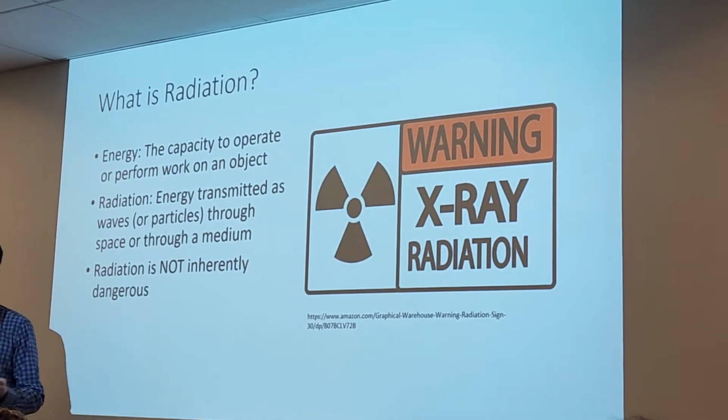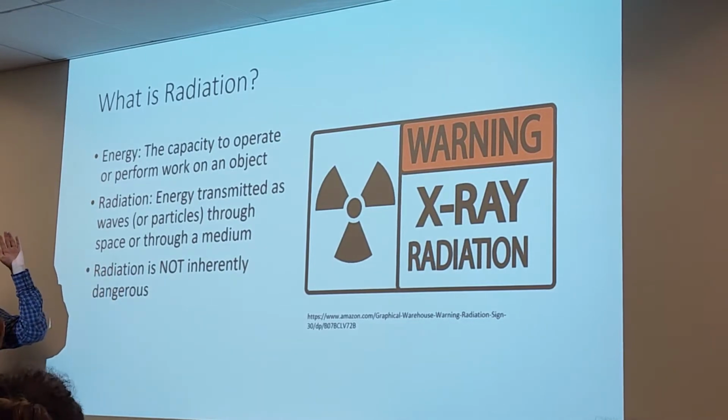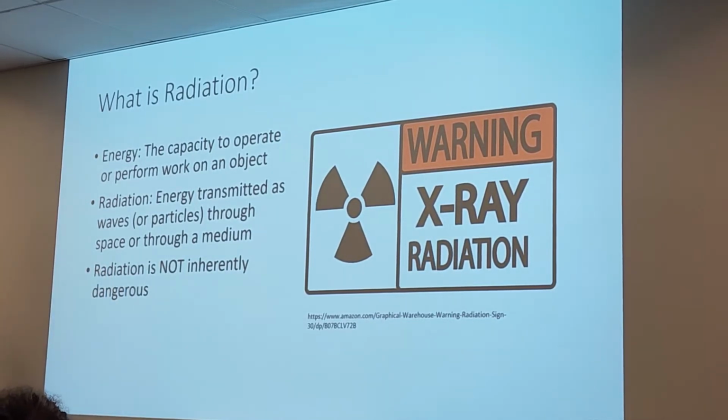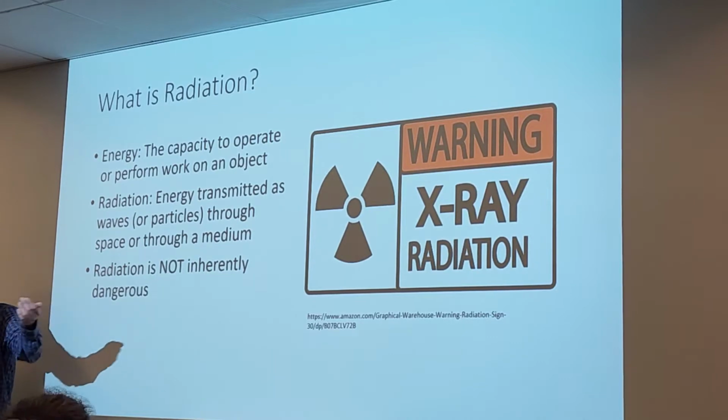Can anyone come up with any examples of radiation? Yes, Jay. Ultraviolet or visible light radiation. Okay, light. So you have visible light or UV light. Very good. Like tanning beds use UV. Any other types of radiation? Radiation from the sun. What kind of radiation comes from the sun? Solar, you have cosmic radiation, along with visible light and UV.